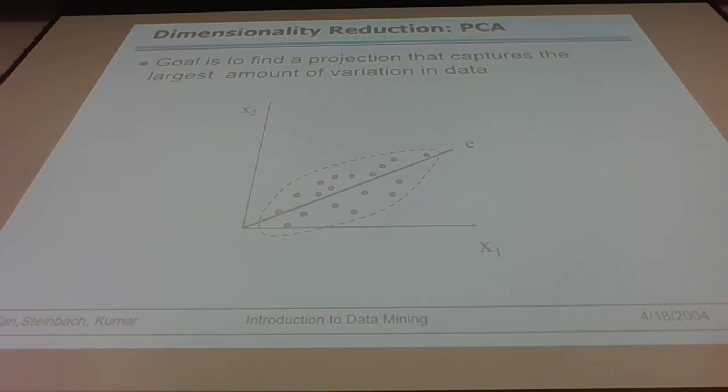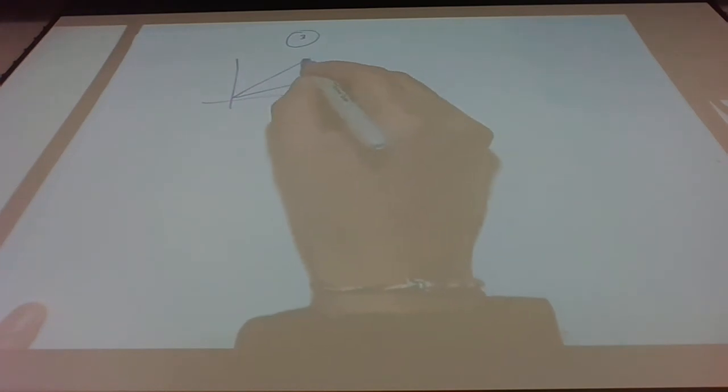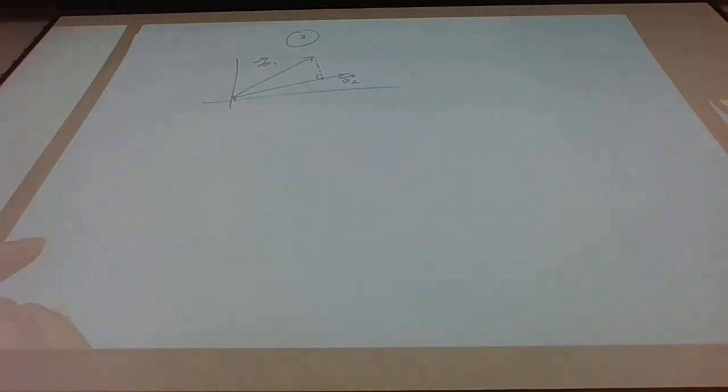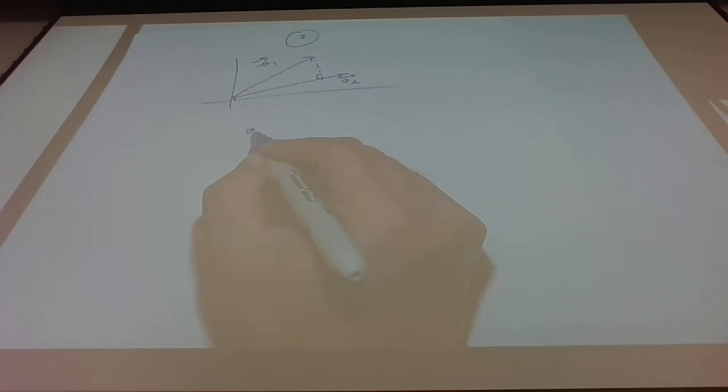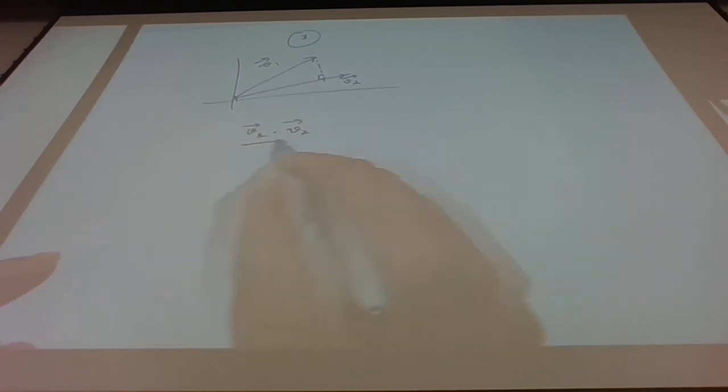A simple drawing: if you have 2 vectors, let's say this is v2 and this is v1, then you take this and drop a perpendicular on v2, and this is the projection. You have to put arrows on them because these are vectors. So how do you compute projection? He was right that you could take the dot product of the two vectors, but he didn't say divide by the magnitude of v2. So if you are computing projection in the direction of v2, this is the equation: you compute the dot product and divide by the magnitude of v2.